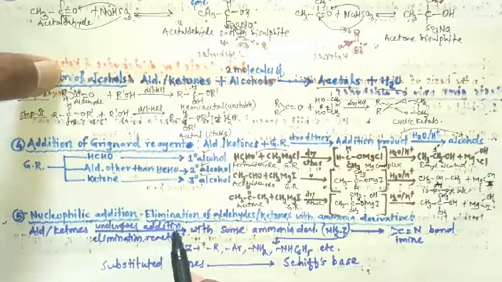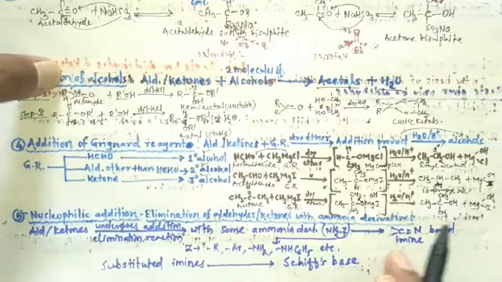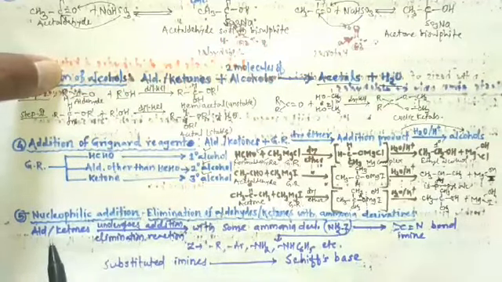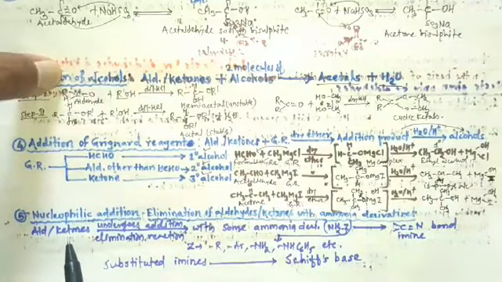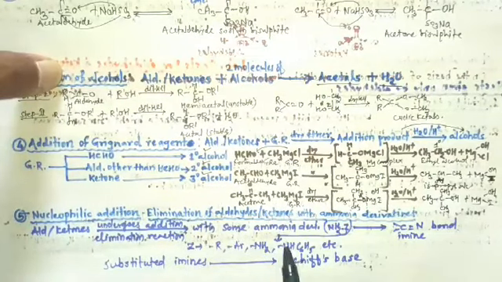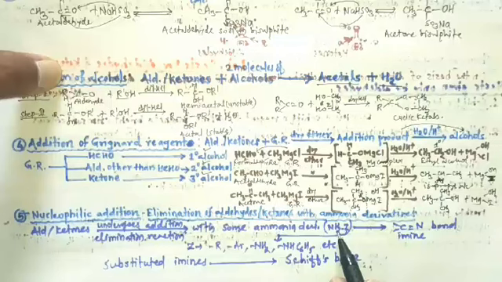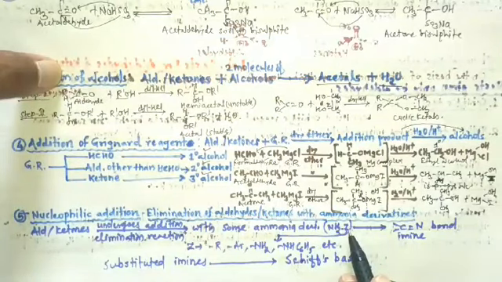When aldehydes or ketones undergo addition elimination reaction with some ammonia derivatives, for example NH2Z, ammonia derivatives having the general representation NH2Z, where this Z may be an alkyl group, an aryl group, an NH2 group, etc.